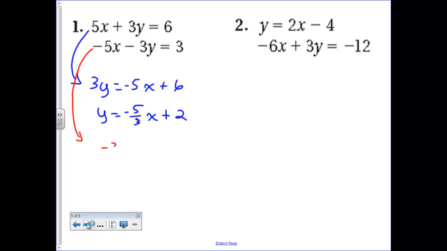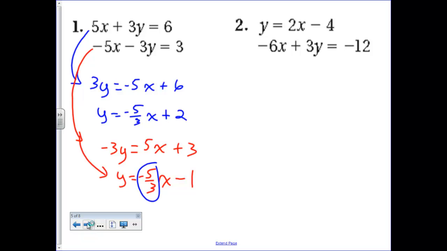I have a -3y is equal to 5x plus 3, and then divide by -3, y equals -5/3 x minus 1. That's this one. So if we look at the slopes here, the slopes for both of them are the same, but the y-intercepts are different, so that means that these lines are parallel. No solution.